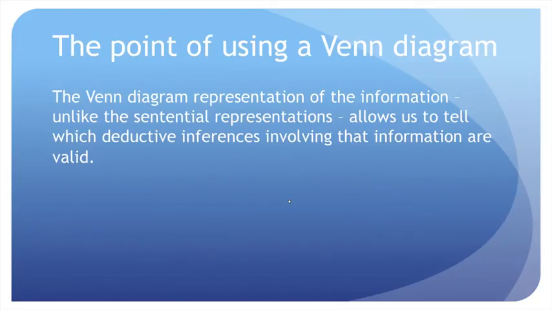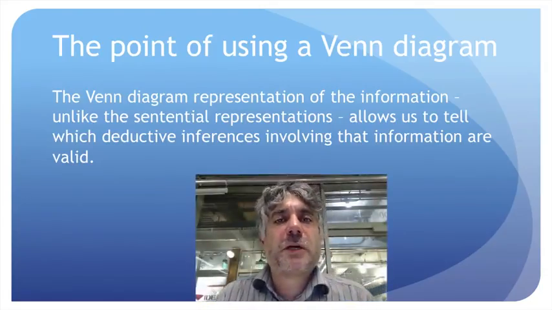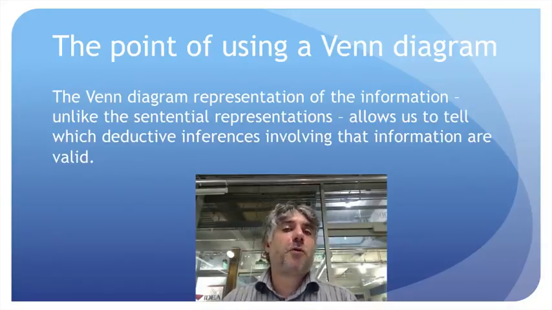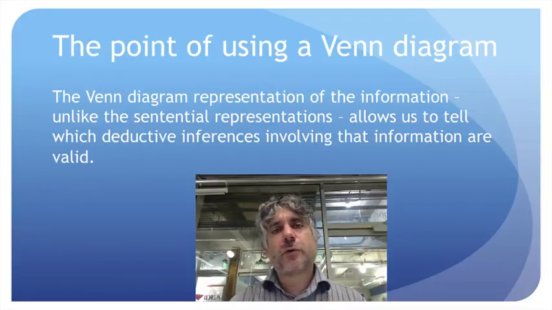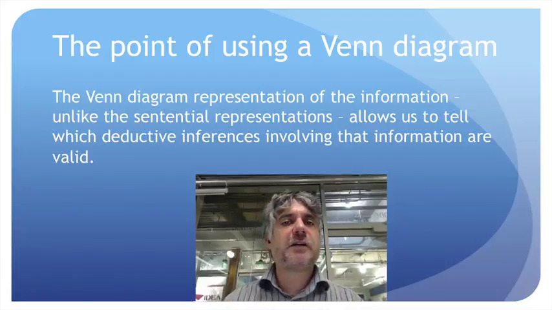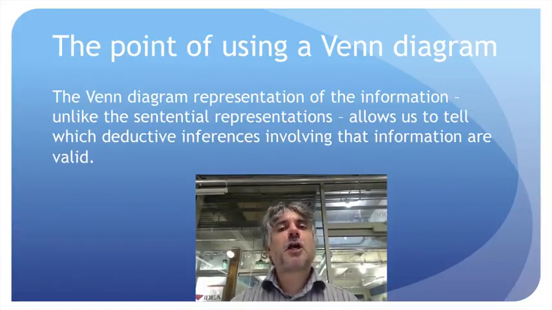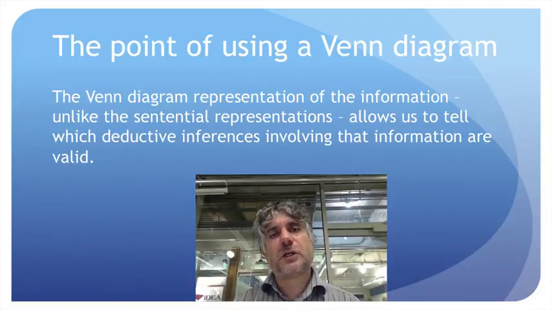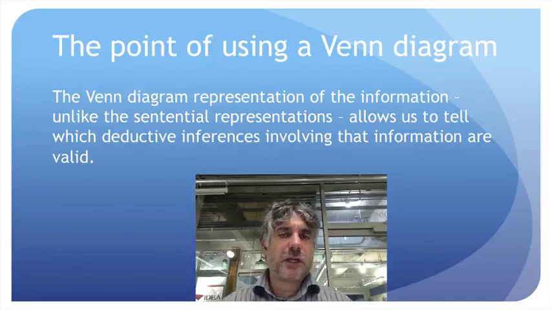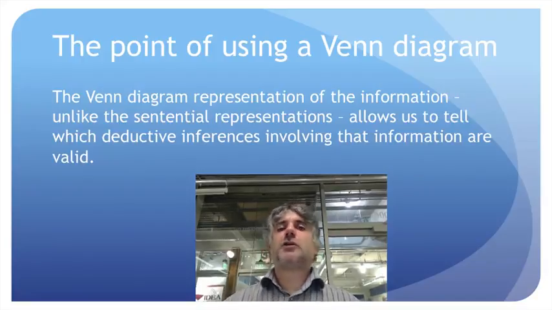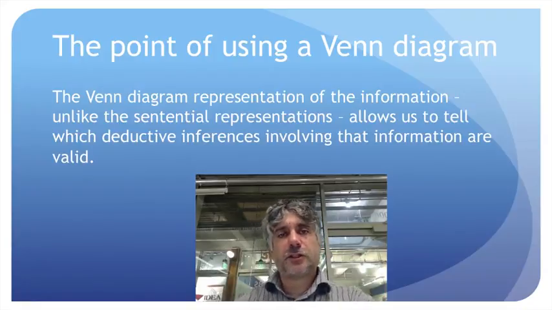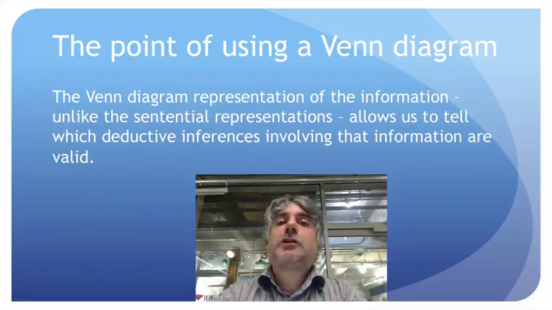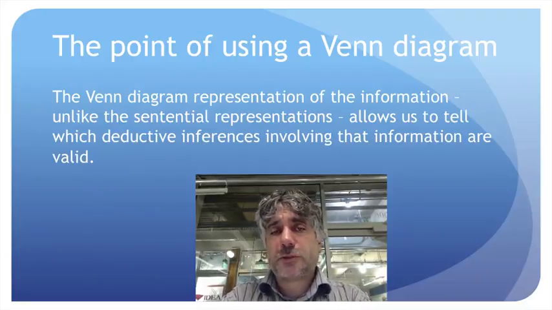Again, the point of using a Venn diagram to represent information is in that respect very similar to the point of using a truth table to represent information. When you want to understand whether a particular deductive argument is valid or invalid, sometimes it helps to translate the information in that argument into a form like a truth table or a Venn diagram, where you can plainly see the relations of validity or invalidity, because ordinary language doesn't always expose those relationships.